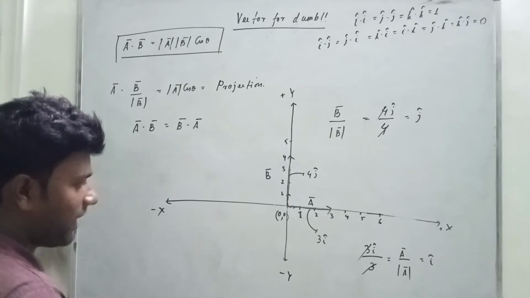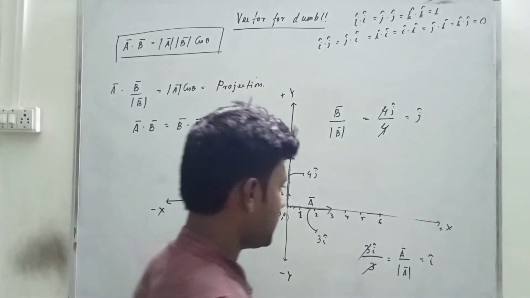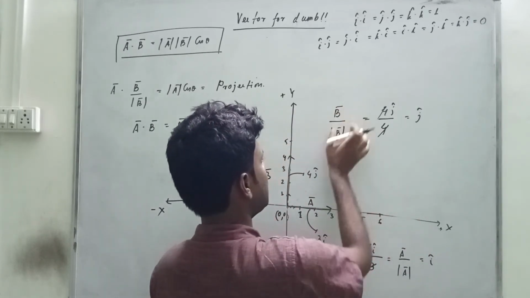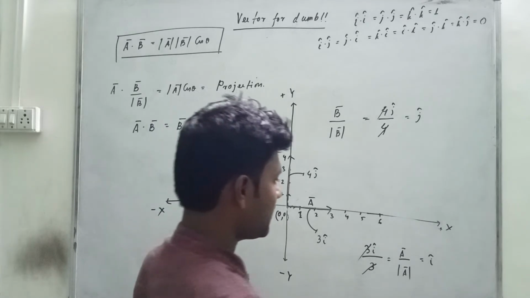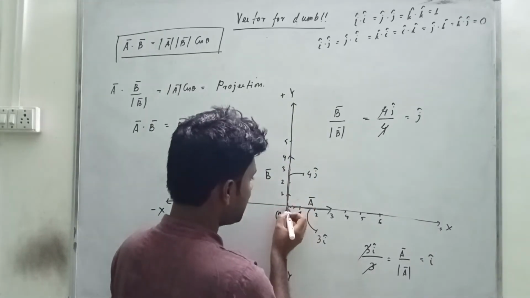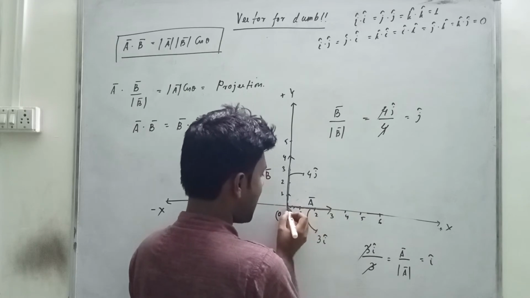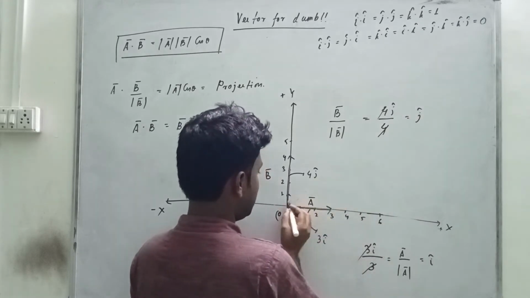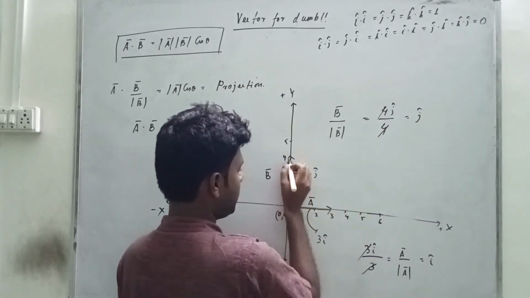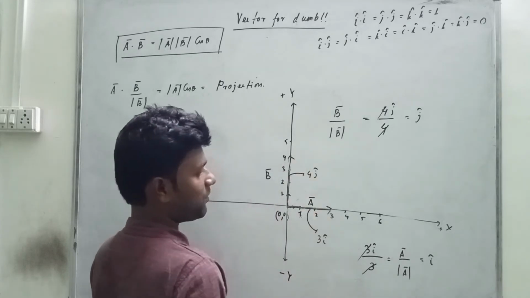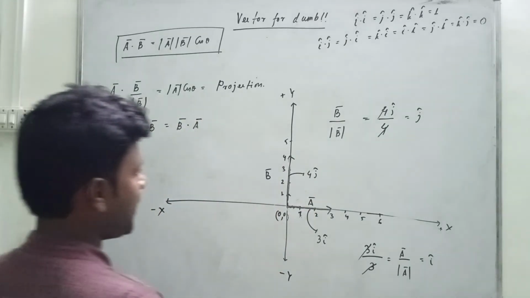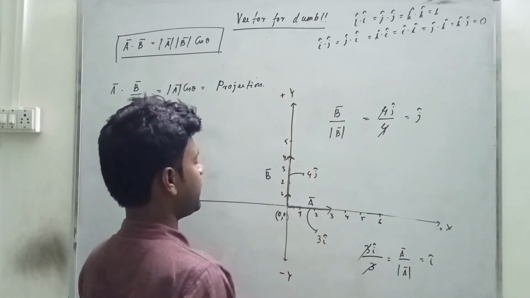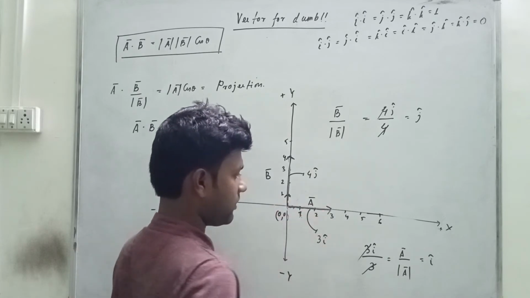So here is the crucial finding, right? If you divide the vector with its magnitude, what will you get? The i hat means the unit vector along A, right? And there is j hat. j hat means the unit vector along B here, because B is in that direction and A is in that direction.